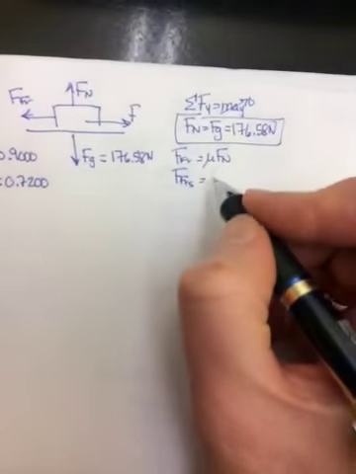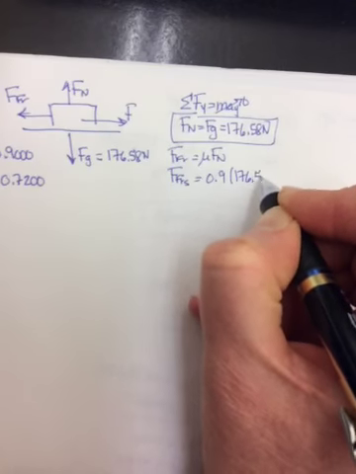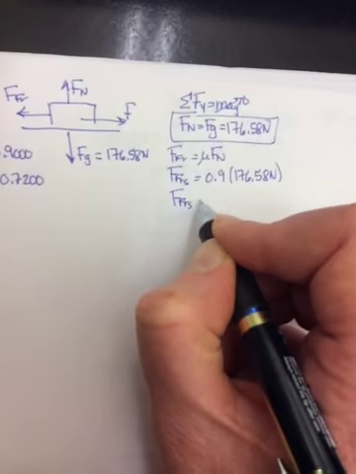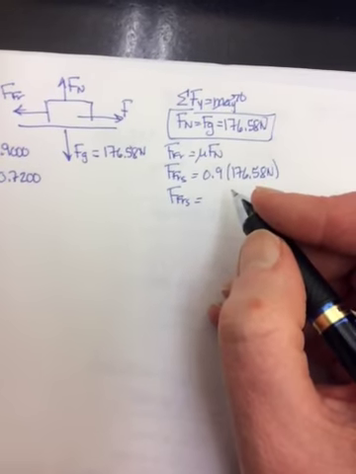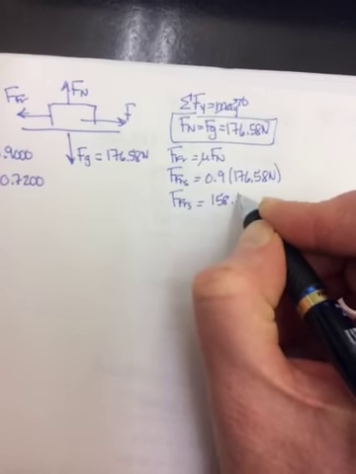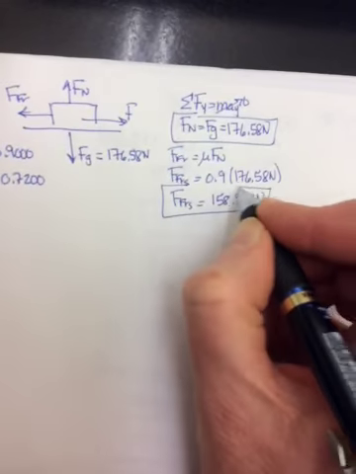Mu static was 0.9 times 176.58 newtons. So the static frictional force should be 158.922 newtons. Okay, so this is my static frictional force.